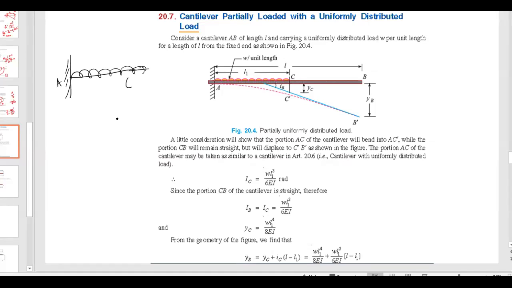Therefore, we had derived an equation at the C, which is a maximum value. Therefore, it is nothing but small w L to the power of 4 by 8EI. This is the deflection at this point.